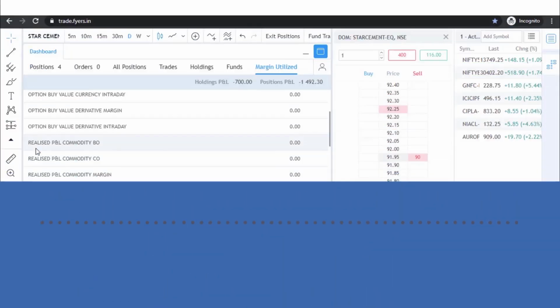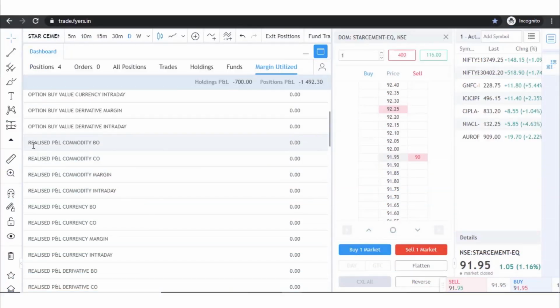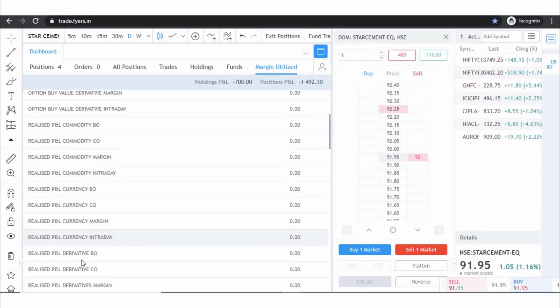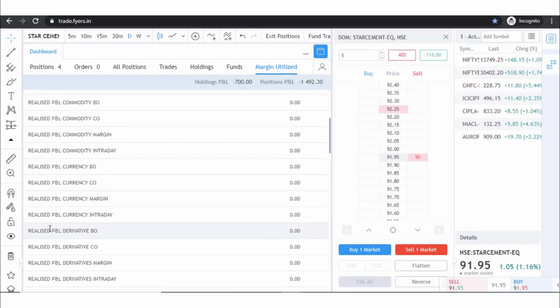Realized P&L shows you the realized profit and loss for all the segments and order types. The losses will be deducted from your trading account balance in real time, and the profits will be instantly credited. Take note that your realized profits can be utilized for trade immediately.